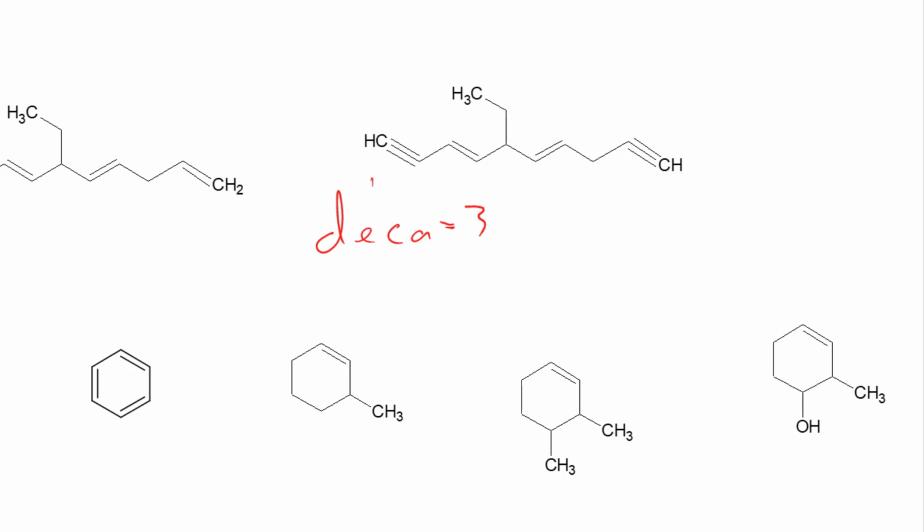So I said that was in the 3, 6 position. That is a diene. And then I'm going to put E on the end of that one. And then in the 1 and the 9 position is the diyne.